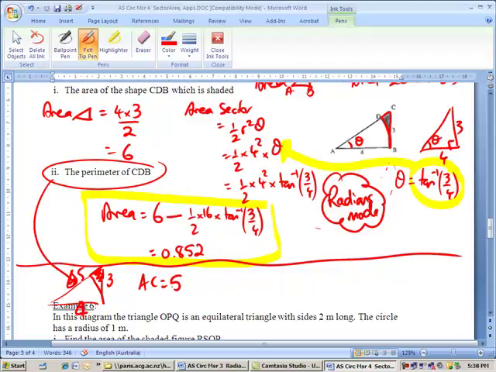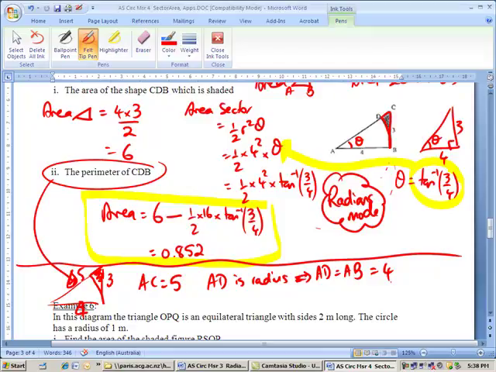And I know that AD is a radius, the radius of this particular circle, so it'll be the same as AB, which is 4.